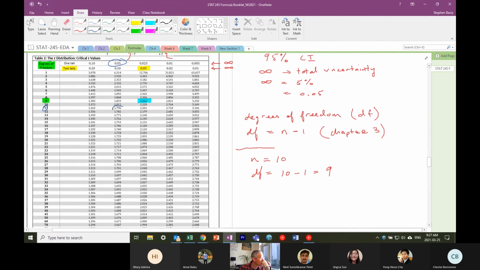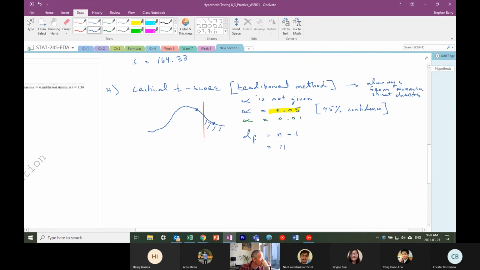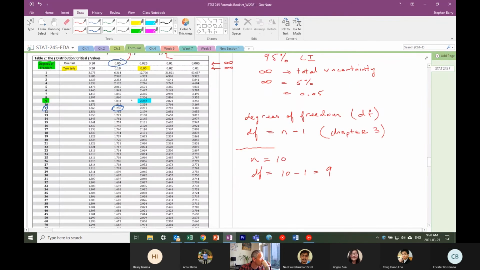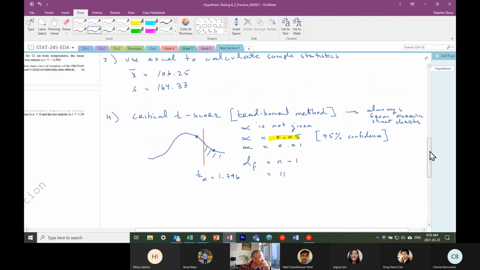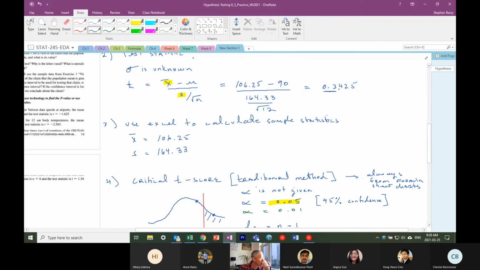So our critical score is 1.796. Okay, so that's this value here, your critical score. This is our test score. It's very weak, right? 0.34 is what we get when we do the math based off the sample statistics.